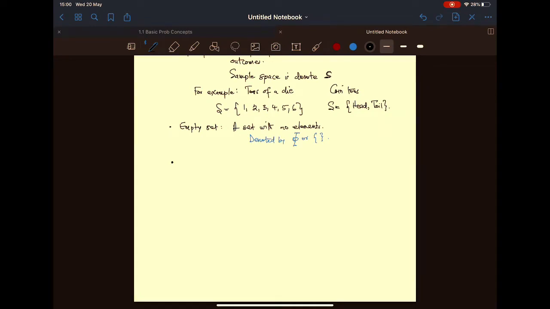Okay. One other very useful terminology would be the use of subsets.